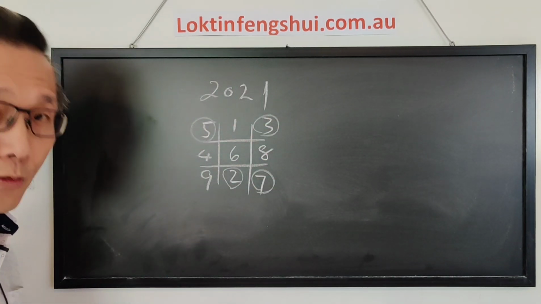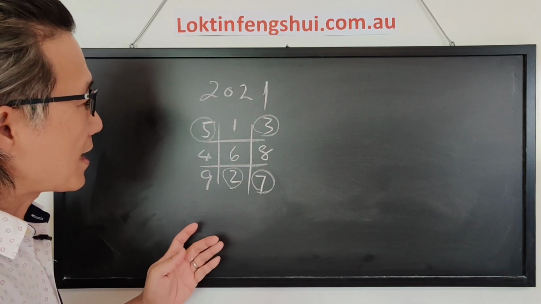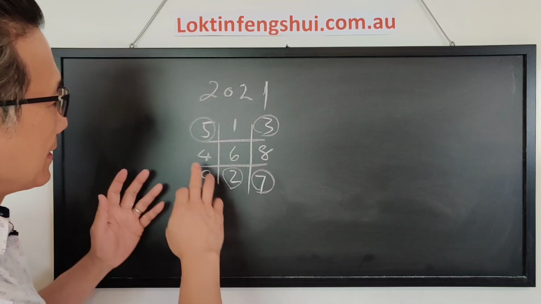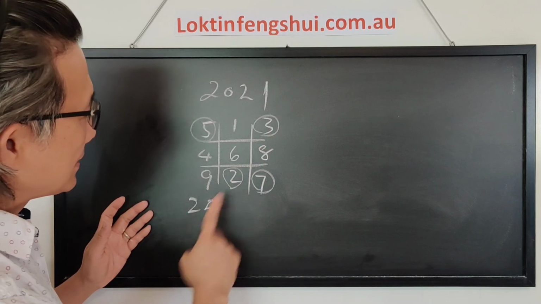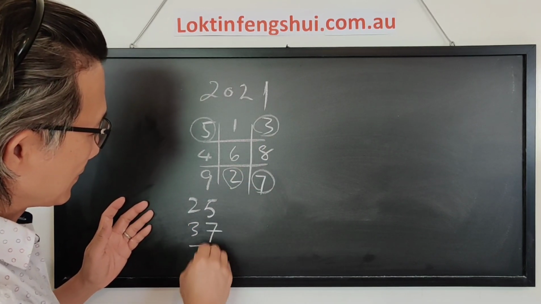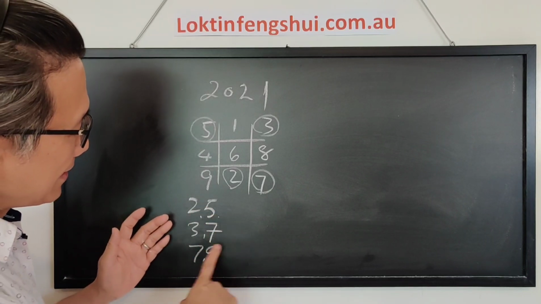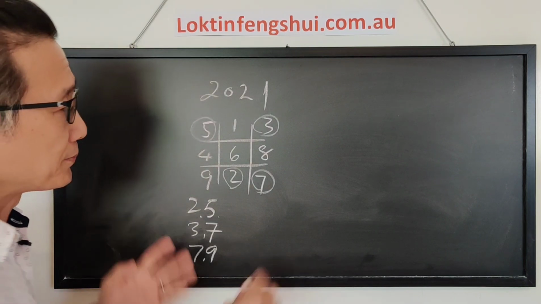They are not good stars. Generally there are 3 groups of stars we need to be aware of: 2 and 5, 3 and 7, and 7 and 9. If the yearly star and monthly star combine together, we need to be a bit careful.